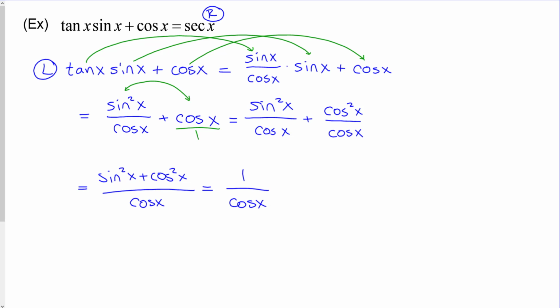Now I have 1 over cosine x, which is equal to secant of x. And that's my right-hand side of the equation. So I've gone from the left-hand side all the way to the right-hand side, and I am finished.